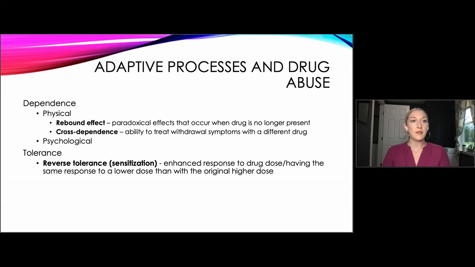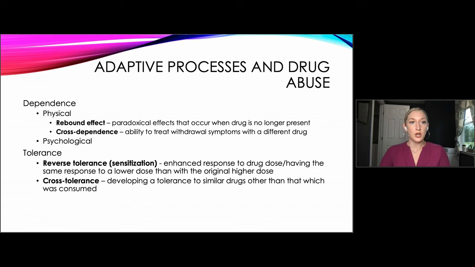So it has the same effect or the same response to a lower dose than with the original higher dose. You then have cross tolerance, which refers to developing a tolerance to a similar drug other than that which was consumed. So a tolerance to alcohol could lead to a tolerance to barbiturates, depressants, and anesthetics.